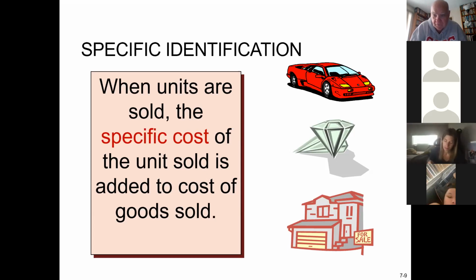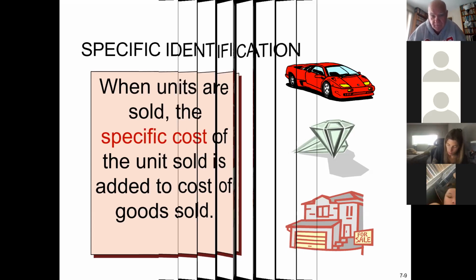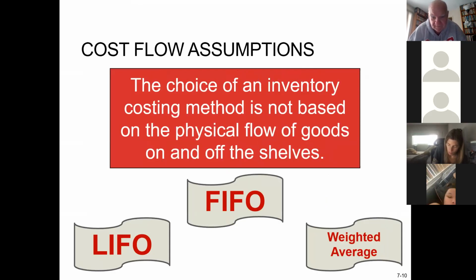We're not fooling around with first in or last in or averaging. You buy a car from a dealership, when you drive that car out of the lot, they're going to come up with the cost of sales for that specific car. They have to identify exactly, to the serial number, the VIN number, what they've sold.